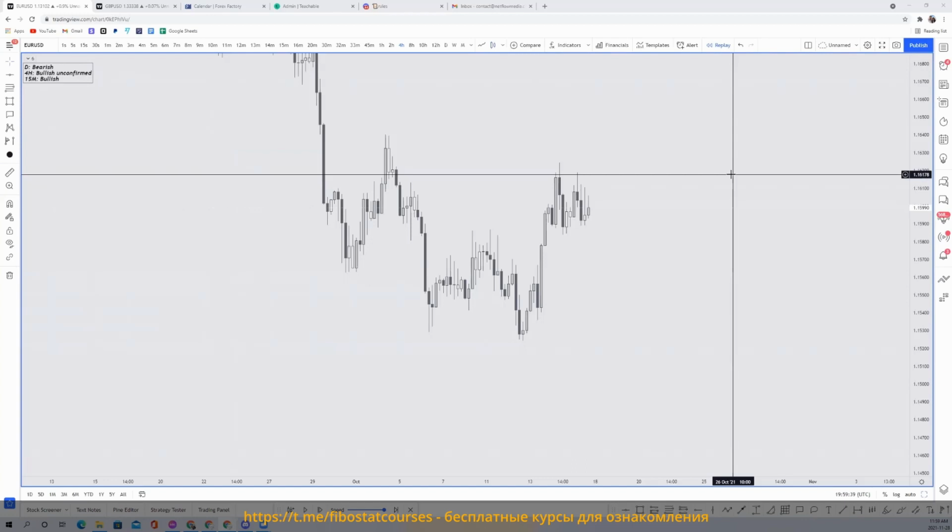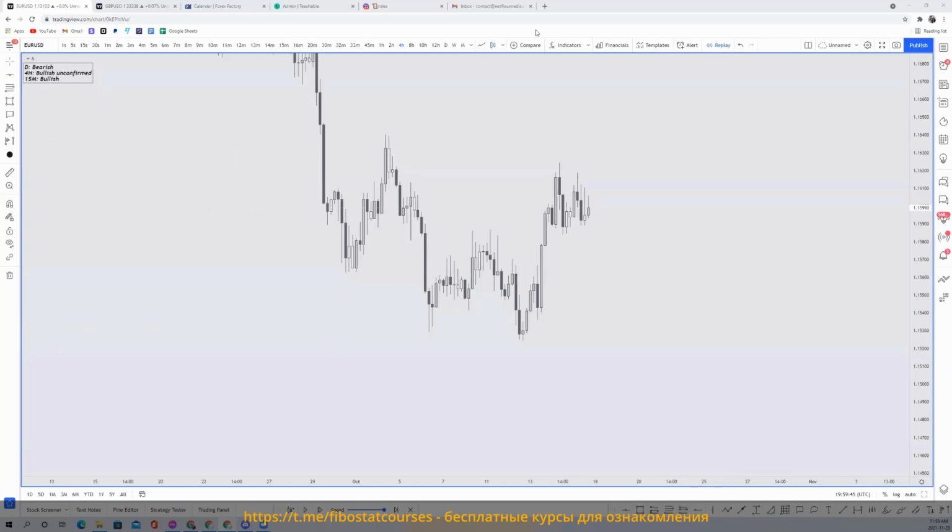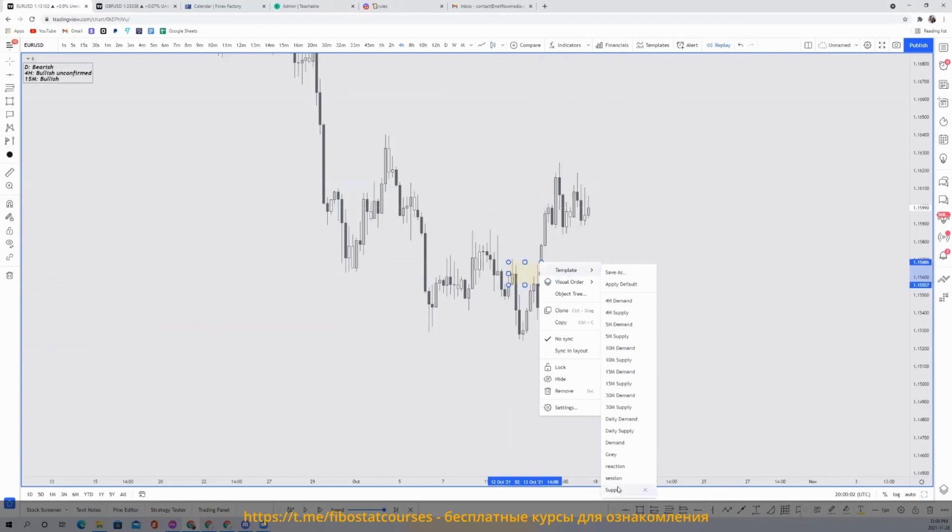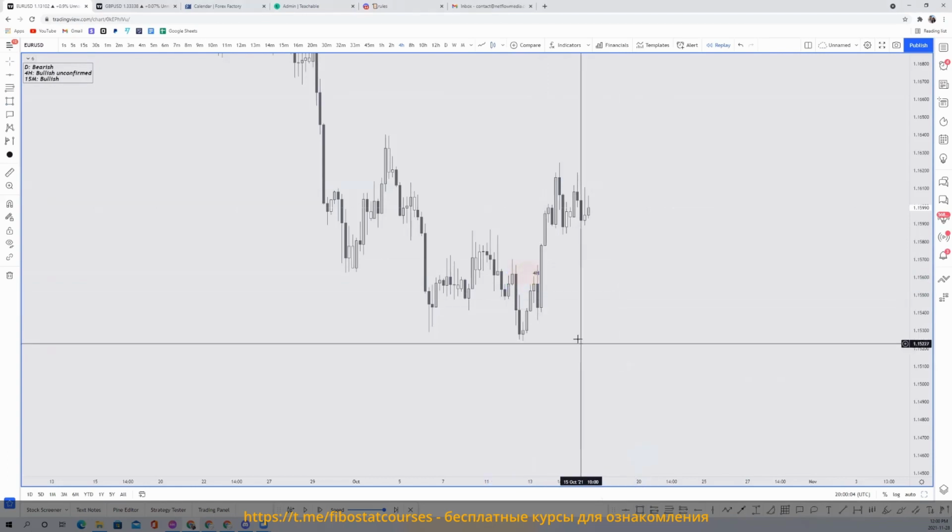The way I do any backtesting, or the way I view any market, is I look at the 4-hour structure and the 15-minute structure, as you guys have seen in the course. Right off the bat, we could see we had a 4-hour flip zone. This would be our last supply that put in this low here.